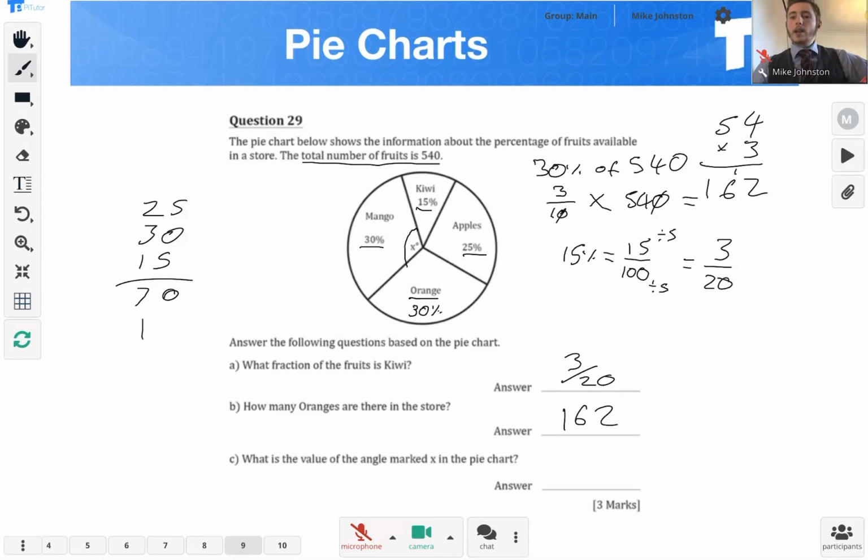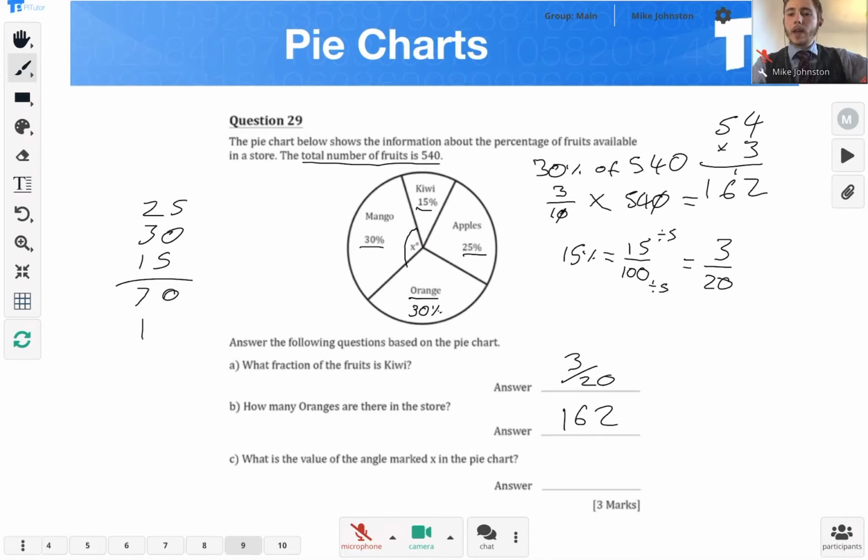Okay, so then definitely the hardest bit here, we need to think about this angle marked x just here. This is going to be the number of degrees that measure this angle, giving us the size of the mango segment. What we need to think is, what is this x out of?